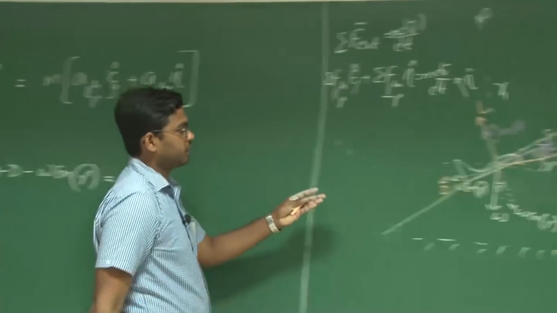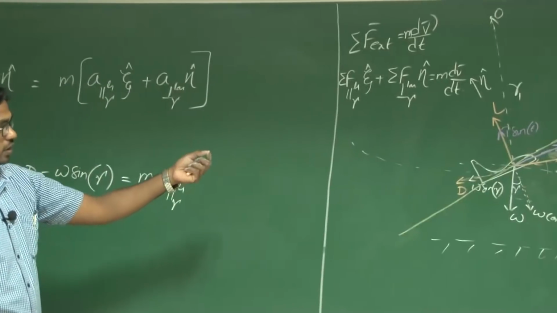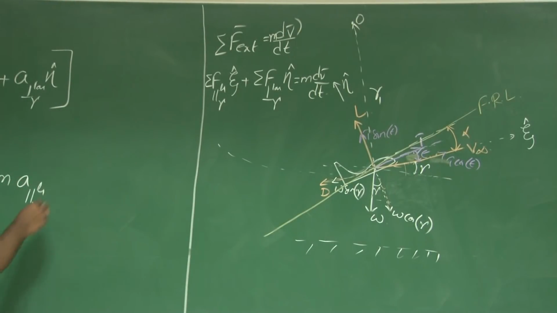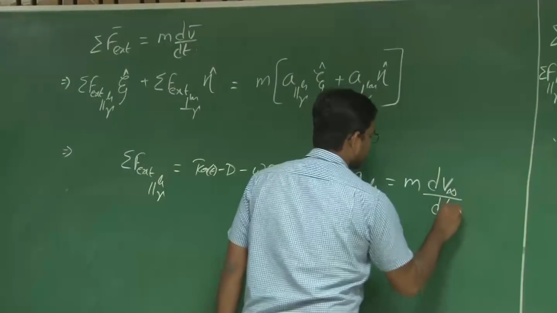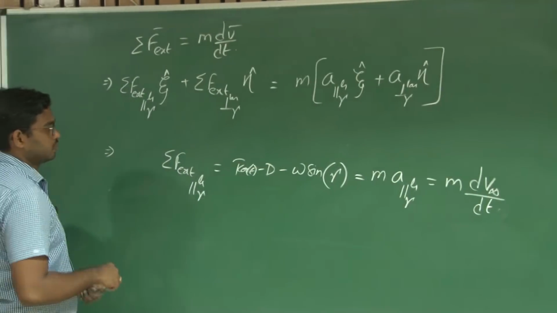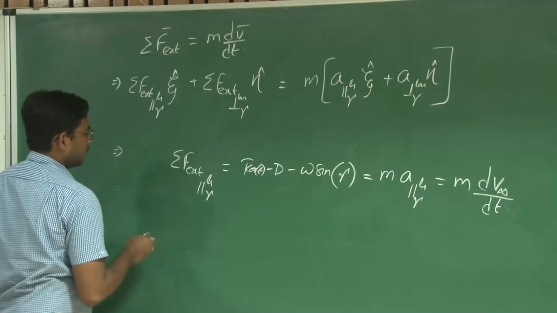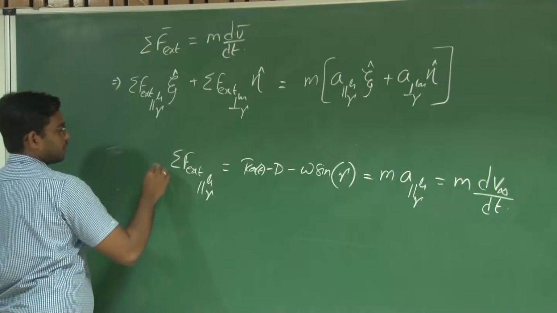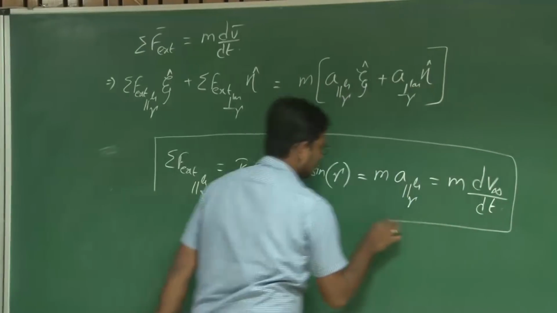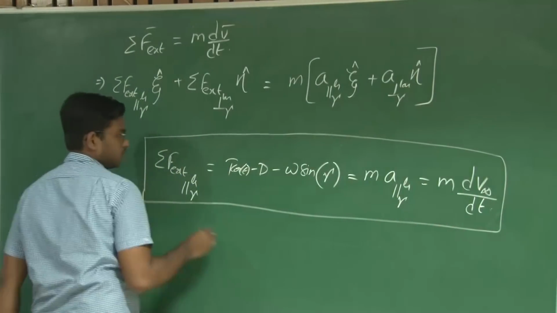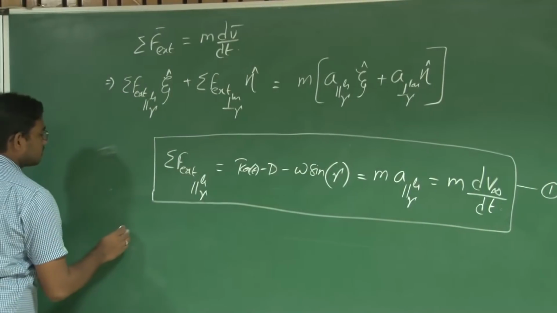Since V infinity is the velocity along this direction, and the aircraft here is assumed as a point mass, the acceleration we can represent as dV infinity by dt. So say this is your equation number 1.